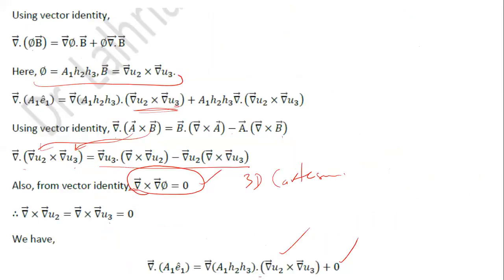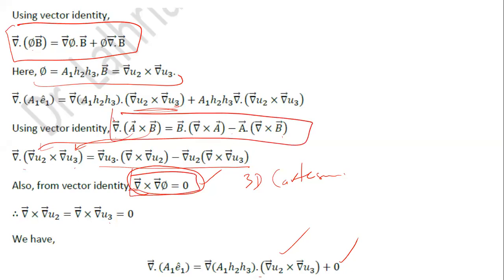So what I can suggest is that please revise the divergence calculation and all that we discussed for the 3D Cartesian system, and do this exercise, prove this. Okay, and also do this exercise, prove this and prove this. This proof you do, this proof you do, this proof also you do.